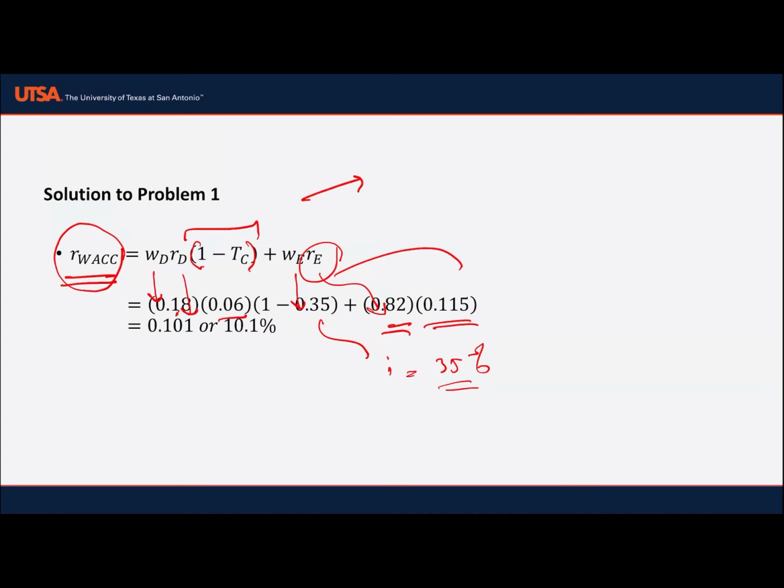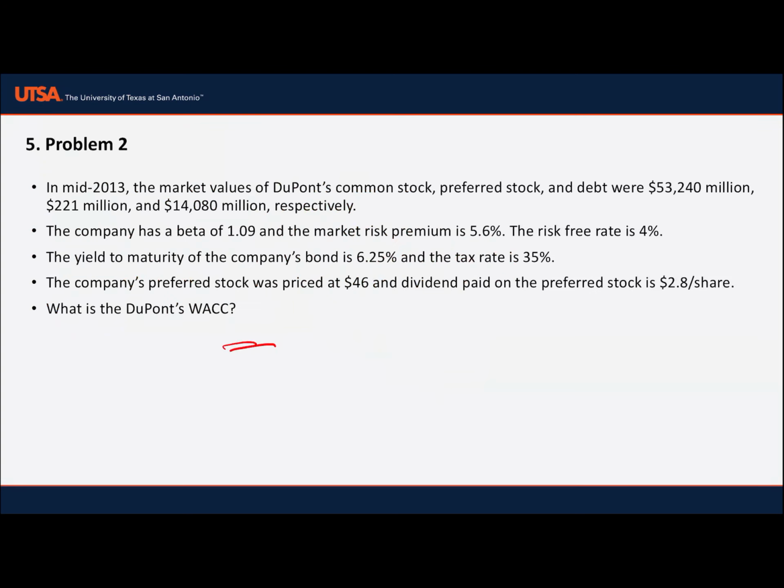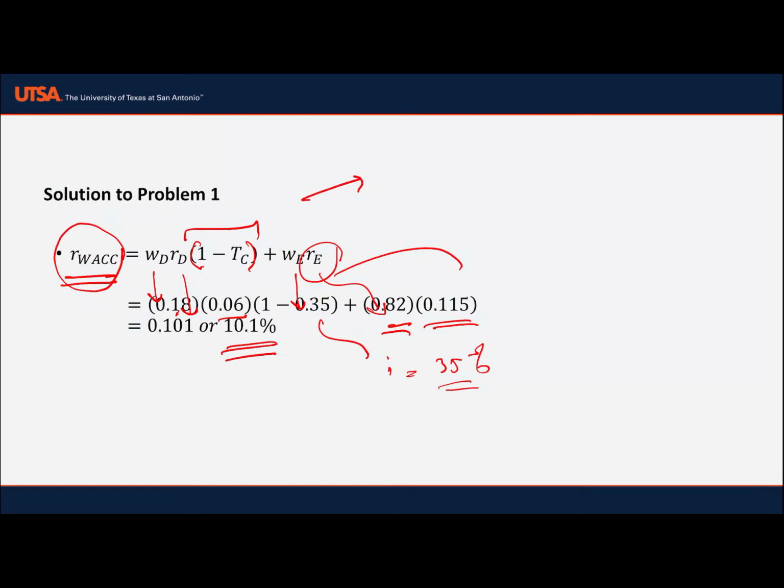So when you do the calculation, we find 10.1% weighted average cost of capital. Okay.